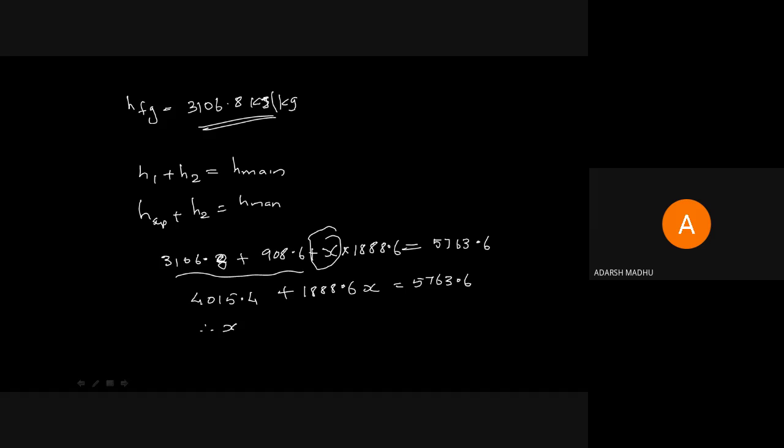Therefore, x equal to 5763.6 minus 4015.4, all divided by 1888.6. You will get the dryness fraction value, that is the quality of steam.